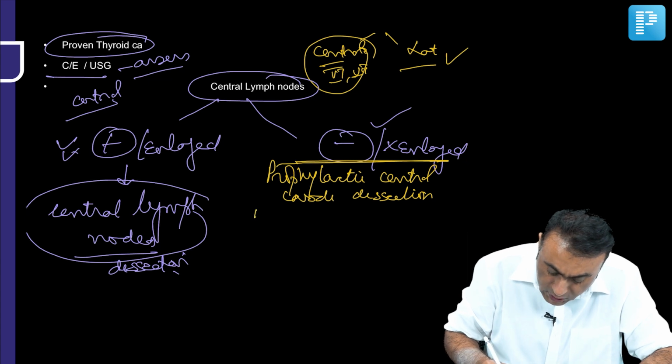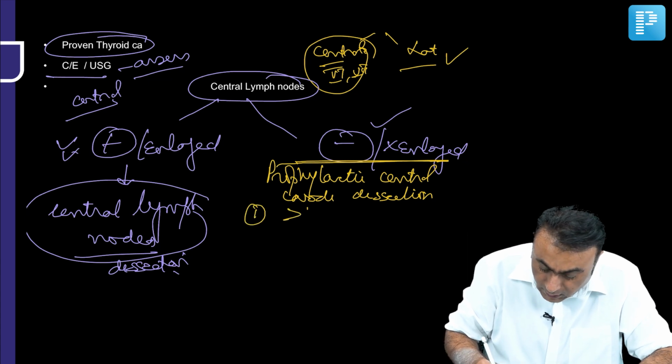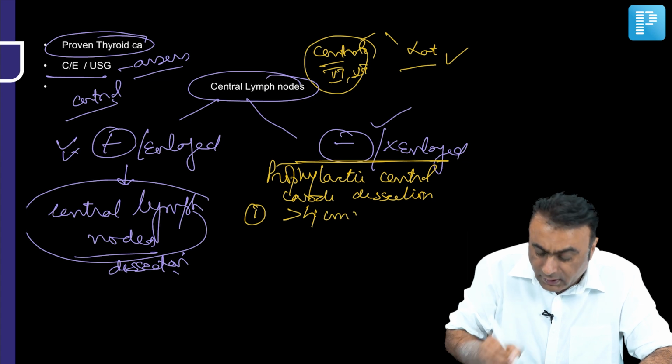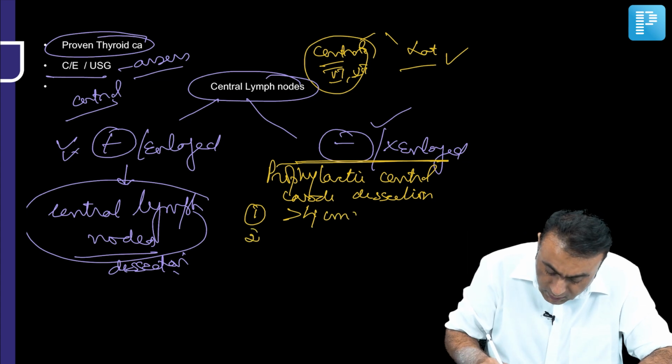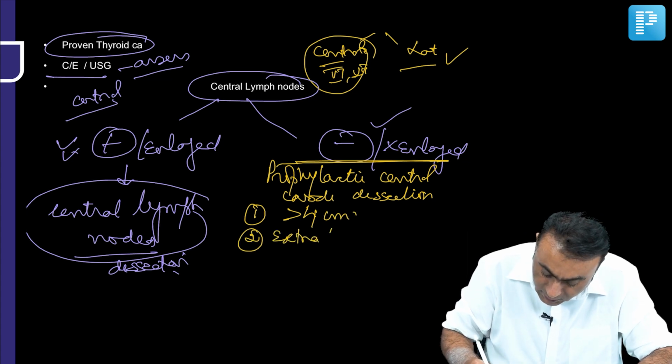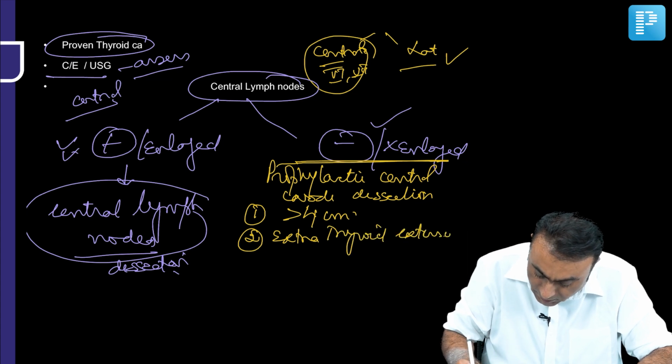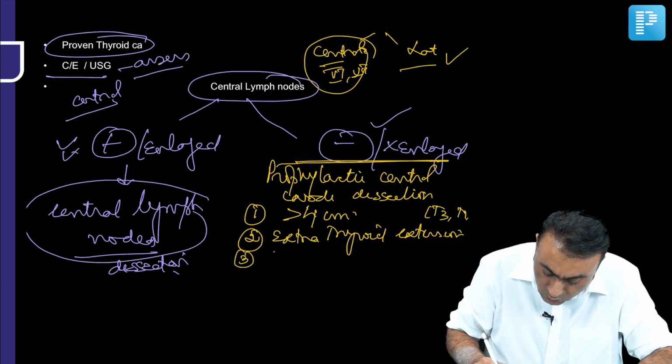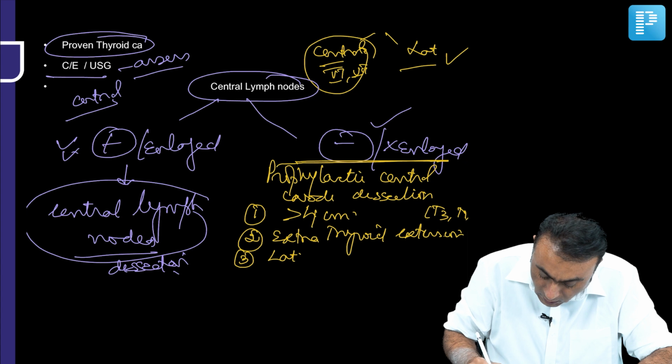The first indication I can say is tumors more than 4 centimeters in size, tumors with extrathyroid extension, that means all T3, T4 tumors. And then very, very important is tumors with enlarged lateral lymph nodes.